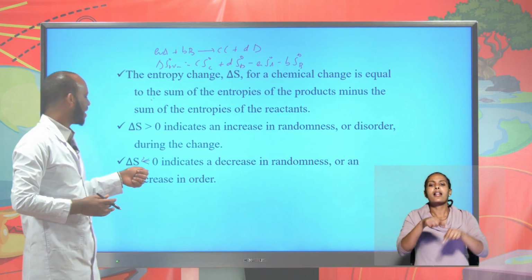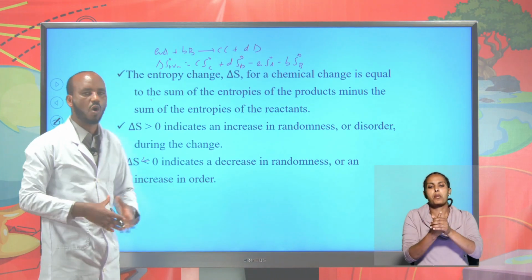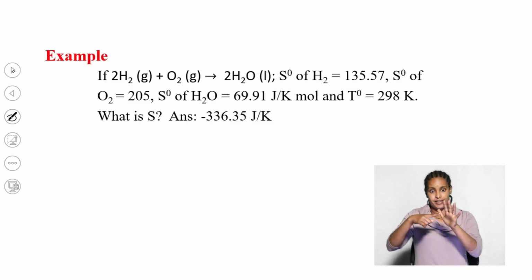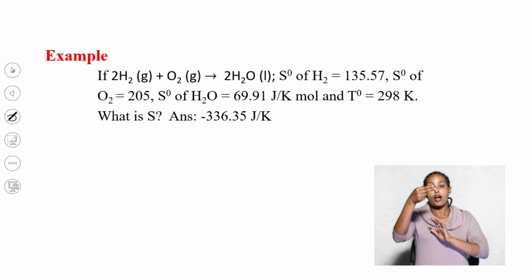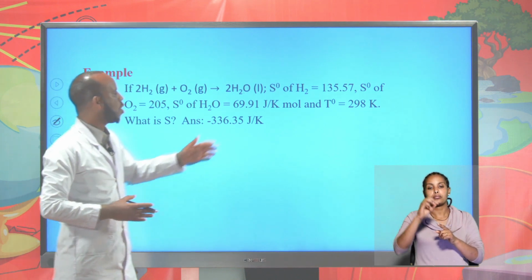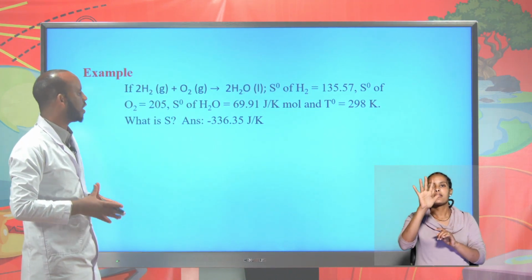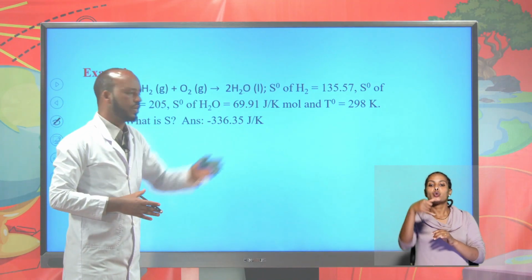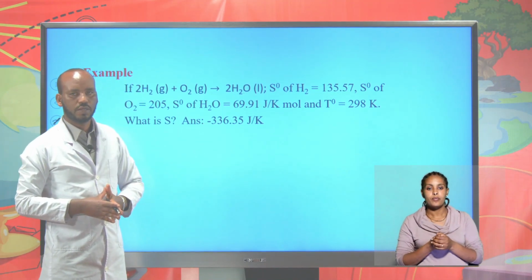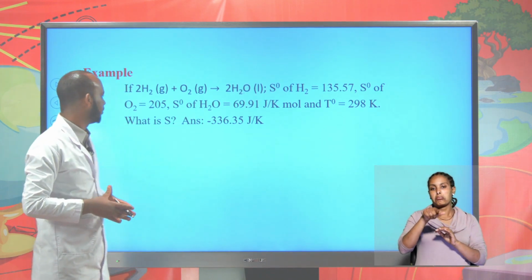Delta S less than 0 indicates a decrease in randomness or an increase in order. For example, hydrogen gas reacts with oxygen gas to form water. Molar entropy of hydrogen is 135.57 joule per Kelvin. Note that the SI unit of entropy is joule per Kelvin.